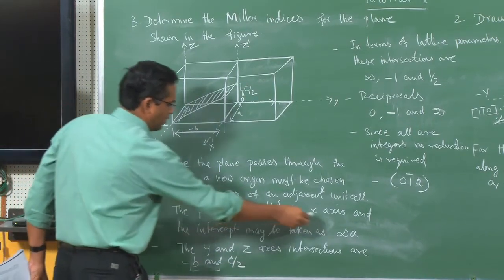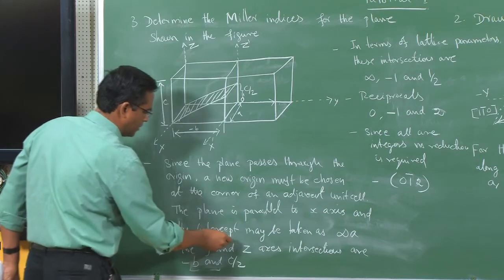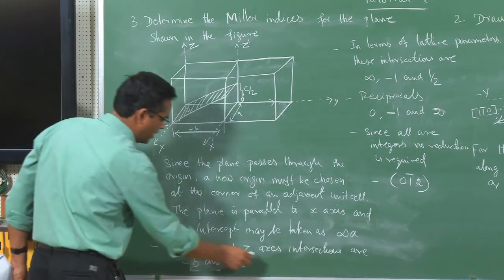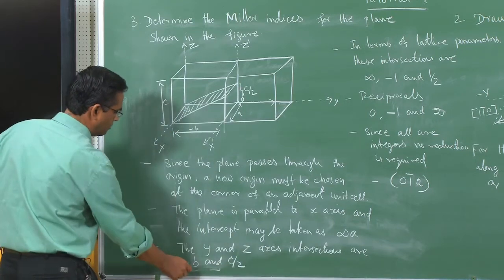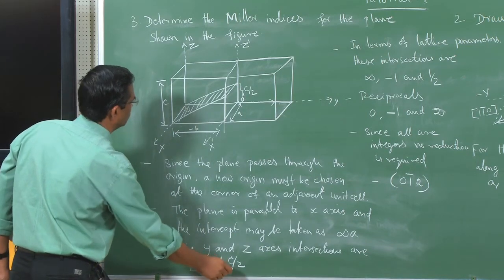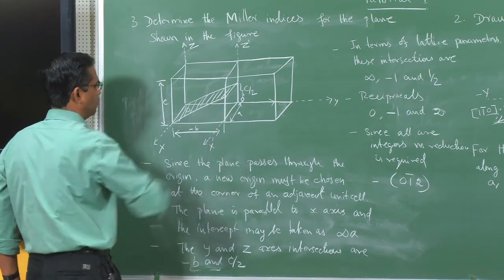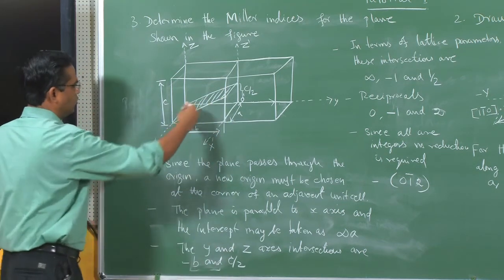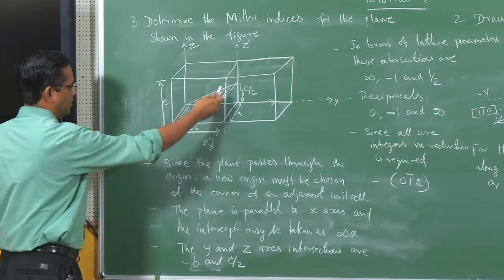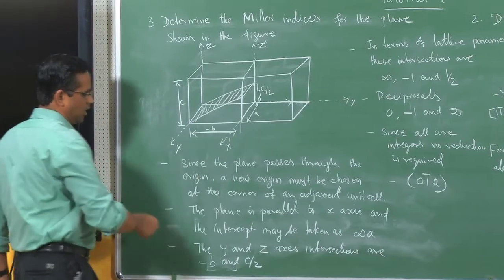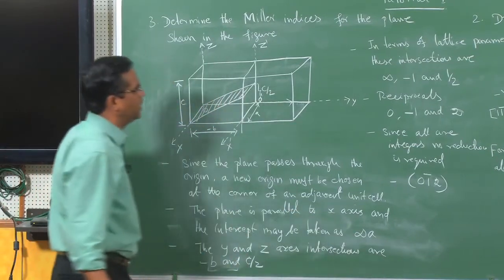Since the plane is parallel to the x axis, the intercept may be taken as infinity a. The y and z axis intersections are minus b and c by 2. So, you can see that minus b and then c by 2, and this is parallel to the x axis. The plane is parallel to the x axis, so it is going to continue like this. So, that is taken as infinity a.